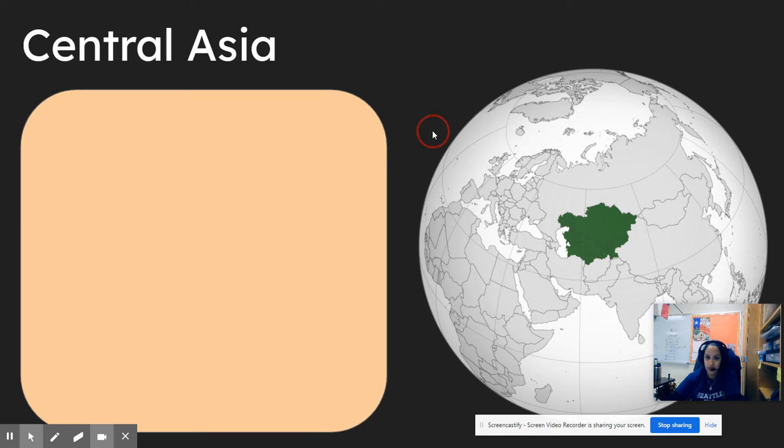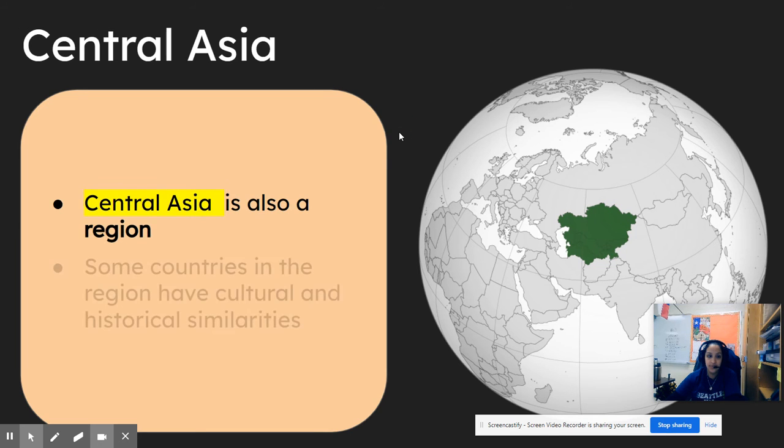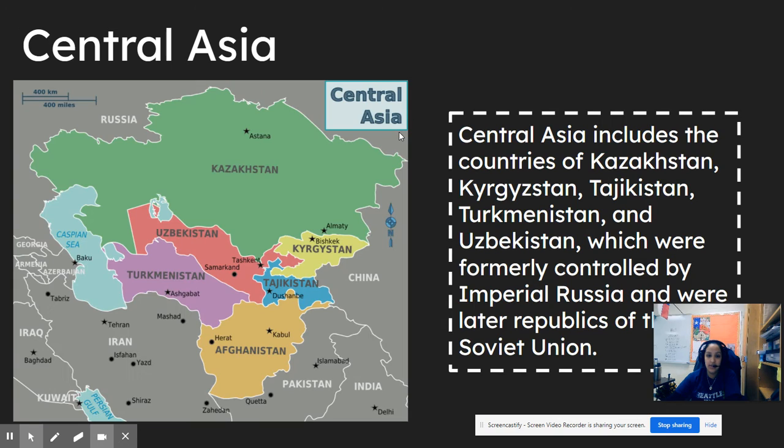And then the last region is Central Asia. And again, the same cultural characteristics. So in Central Asia, you have all these countries that end with a stan: Kazakhstan, Uzbekistan, Turkmenistan, Afghanistan, all of these.